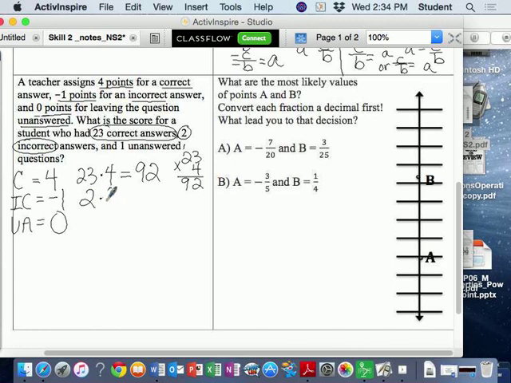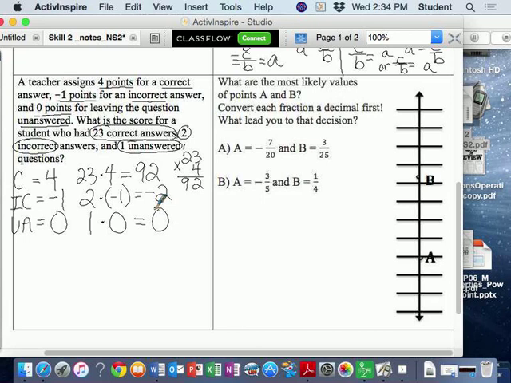So 2 times negative 1 would equal negative 2. Remember, positive times a negative will give you a negative. We had 1 unanswered question, and it's worth 0 points. 1 times 0 is 0.